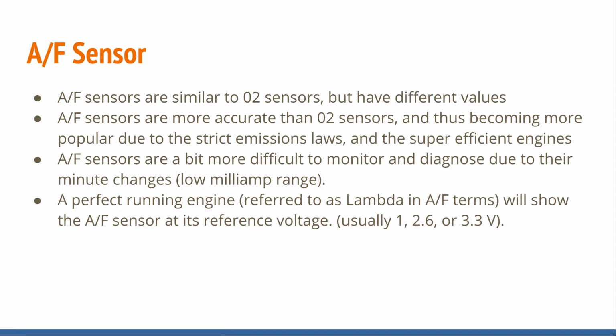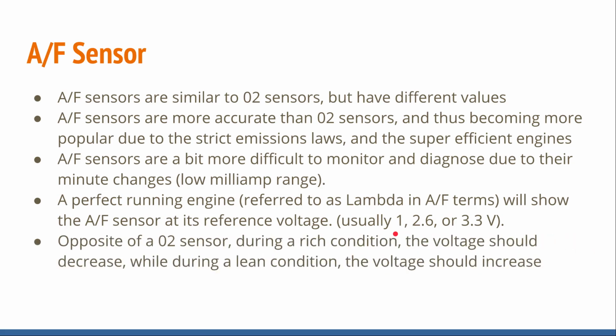So I know this is confusing, but pretend your O2 sensor gave you a reading of the stoichiometric mixture, 14.7 to 1, and it basically just went up and down from there. Think of that when we're talking about AF sensors. So basically, our lambda, which is the same as stoichiometric, say one manufacturer says it's 1 volt. And so opposite of an O2 sensor, during a rich condition, the voltage should decrease, while on a lean condition, the voltage should increase.